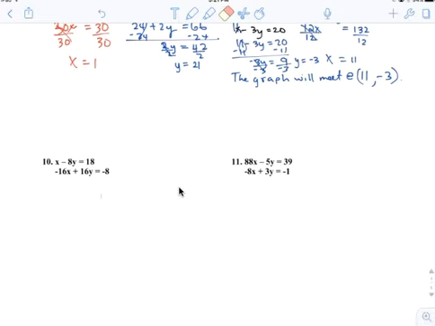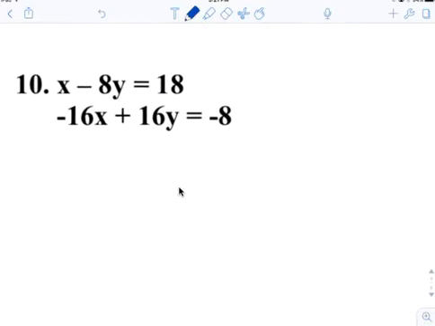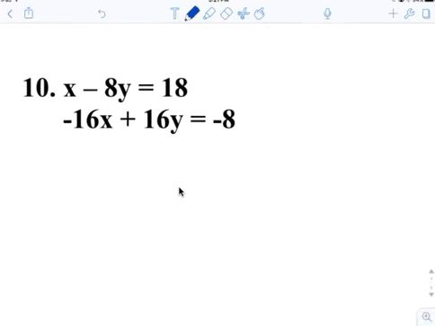Okay, so number 10. Oh, either this is a positive x and that's a negative, this is a minus and a plus. Doesn't matter which one you get rid of, but I get rid of the y because all I have to do is multiply by 2 here to make the 16.